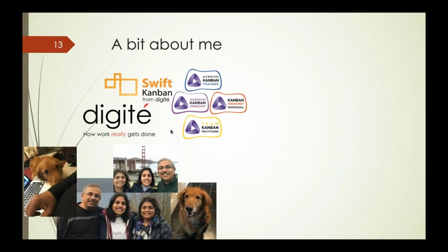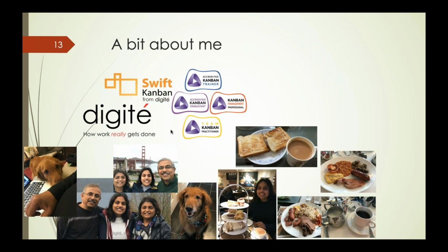Just a little bit about me and my family. As you can see, we live not too far away from the Golden Gate Bridge, and that's my dog Tigger. I'm a bit of a foodie, and in particular, I like to try all kinds of meats from different parts of the world. There's a picture there of my visit to Brazil last year, eating at a typical churrascaria and getting to sample different types of meats. And also, I'm a huge tea fan, whether it is in India or especially in the UK last year during a visit, trying out different types of teas, one of my passions as well.